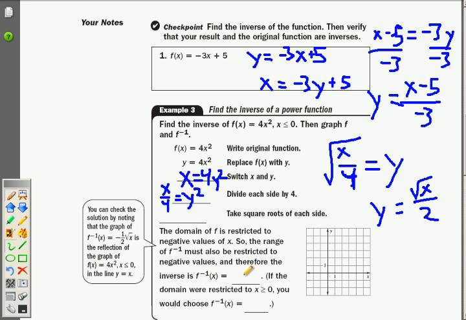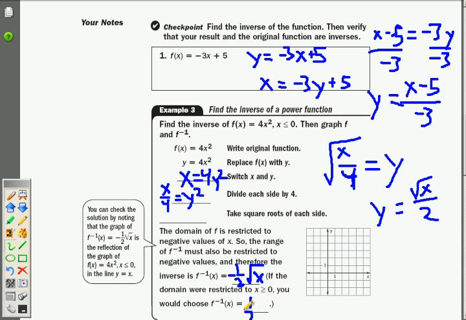And therefore, f inverse of x, which we know is going to be -1/2 times the square root of x, because of that whole negative value thing. If the domain were restricted to x greater than 0, then we would just have 1/2 times the square root of x.